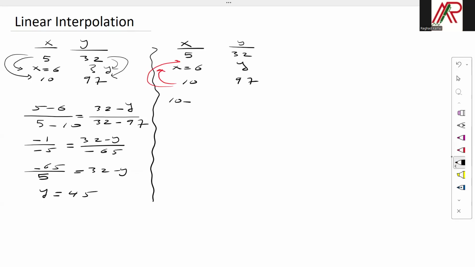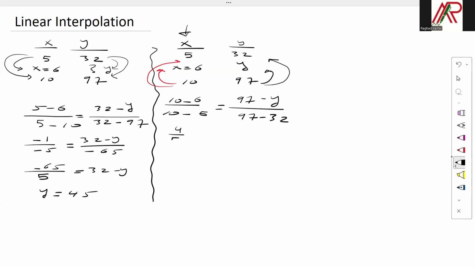Whatever you do for the x side, you do for the y side. So 10 minus 6 means 97 minus y, and then 97 minus 32.